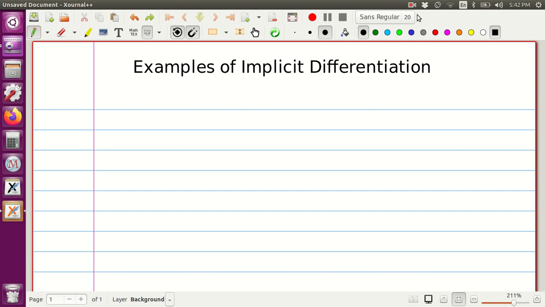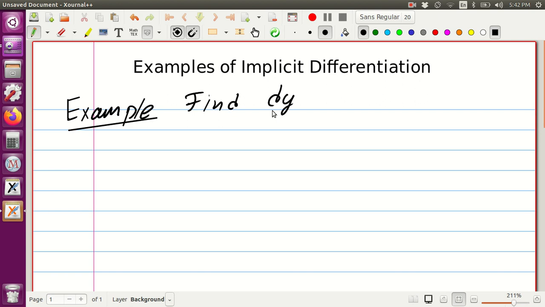Hello students. In this little lecture we will see a few examples of implicit differentiation. The first example that we're going to start with is the following. Find dy/dx by implicit differentiation.